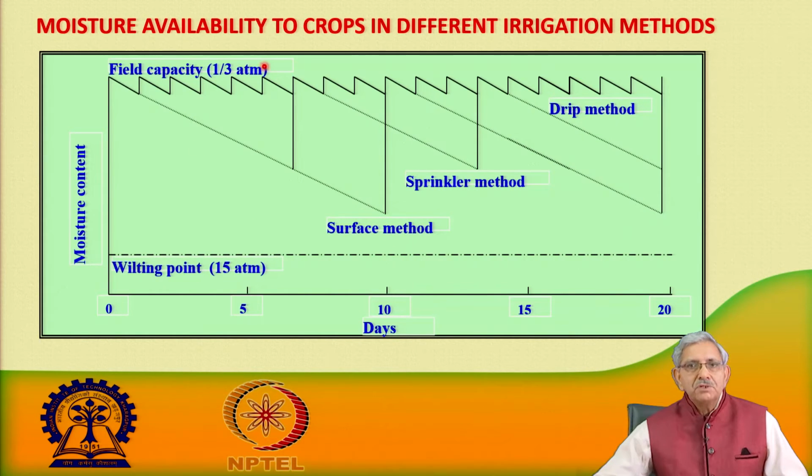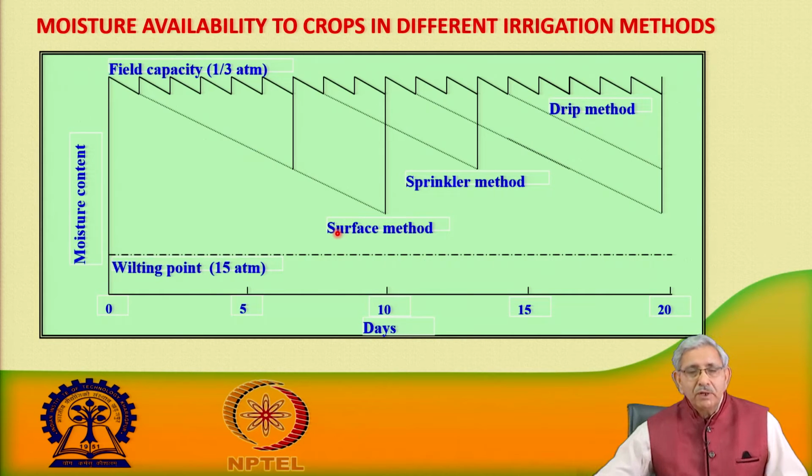The next case is the sprinkler irrigation system, where the irrigation interval is relatively shorter as compared to the surface irrigation system. So, there also you find this kind of cyclic moisture content variation in the soil.